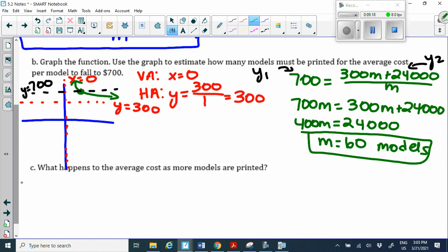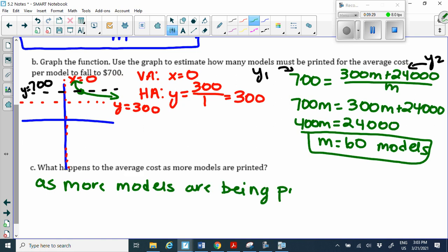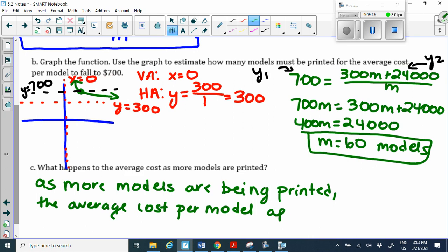So as more models are being made, or as more models are being printed, notice that the average cost will actually just get very close to $300. So it'll approach 300, because of that horizontal asymptote.